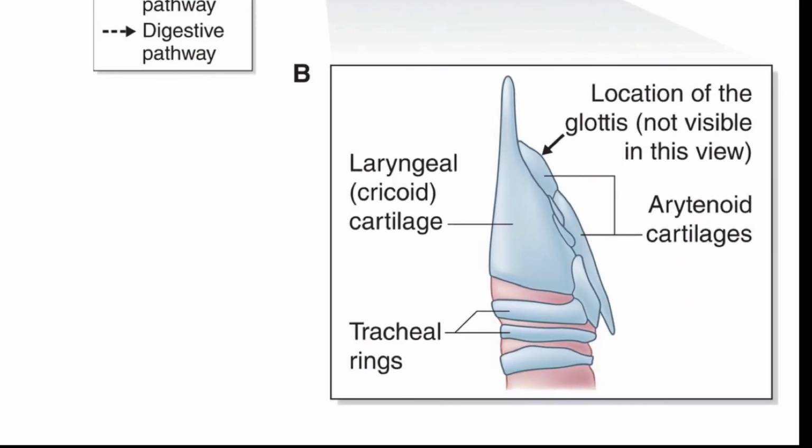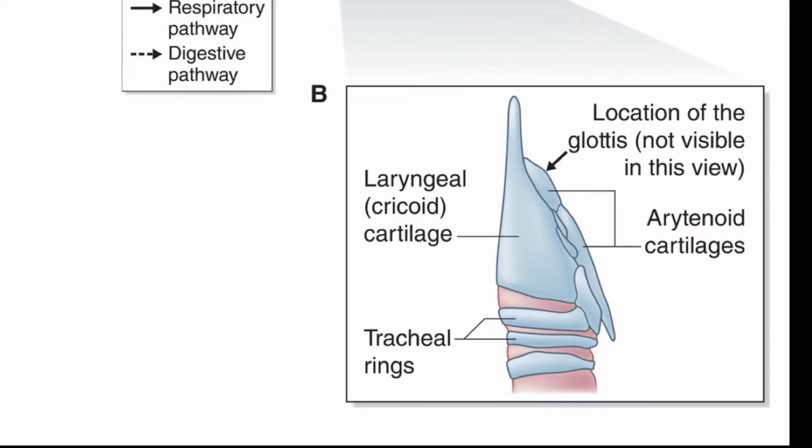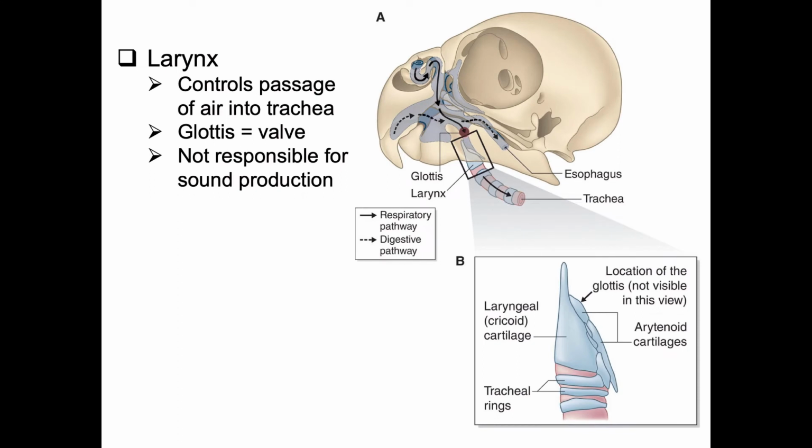Now the valve in this case that provides that access is called the glottis. Here we see the side of the larynx in a bird, and the glottis would be a slit-like valve shown in this location. Important to realize, though, that the larynx, while it is responsible for vocalization in mammals, does not serve that purpose in birds. We'll see that there's another structure associated with vocalizations in birds.